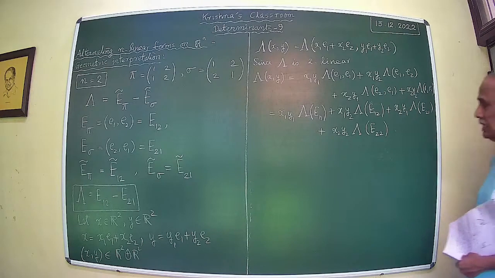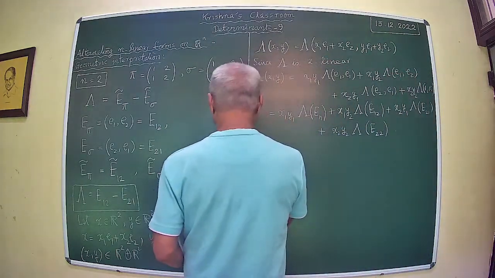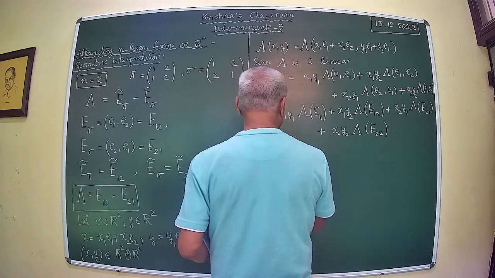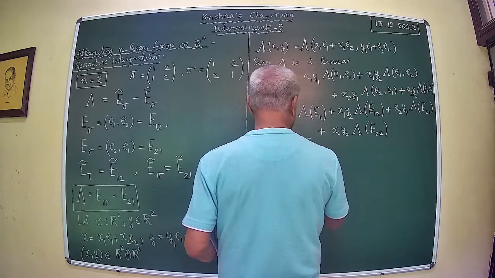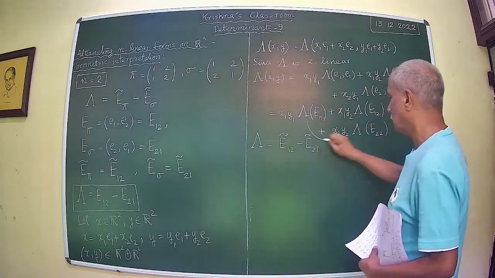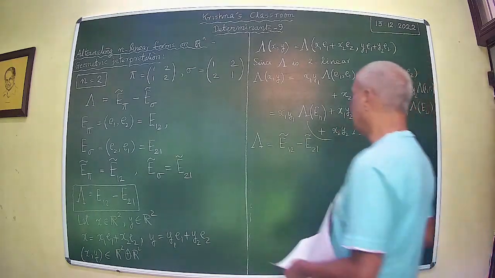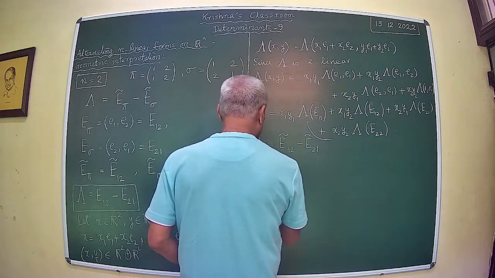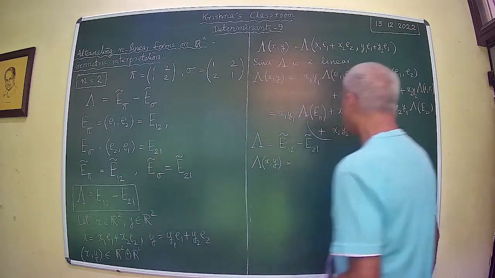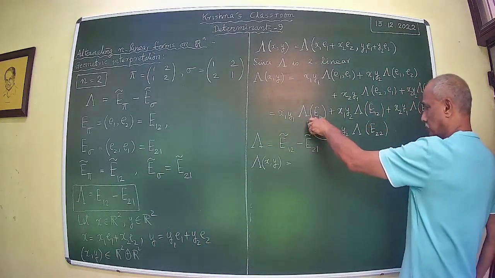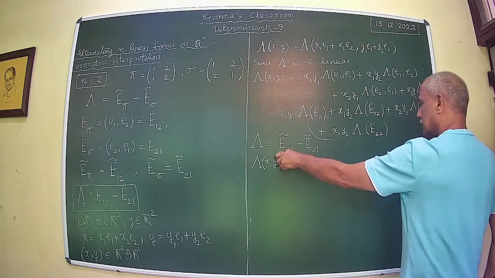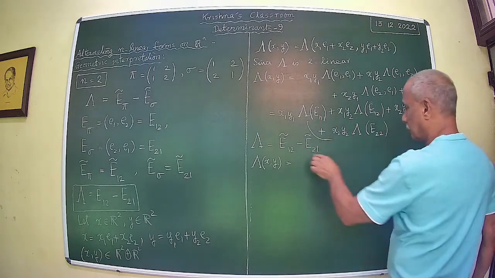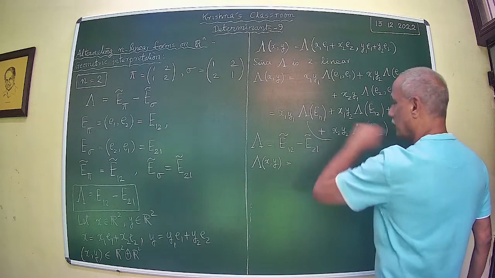Now it is easily seen what lambda is. Therefore, working with this you get lambda xy equal to, see, lambda E11 is 0, because it is E12 tilde acting over E11 minus E21 tilde acting over E11.